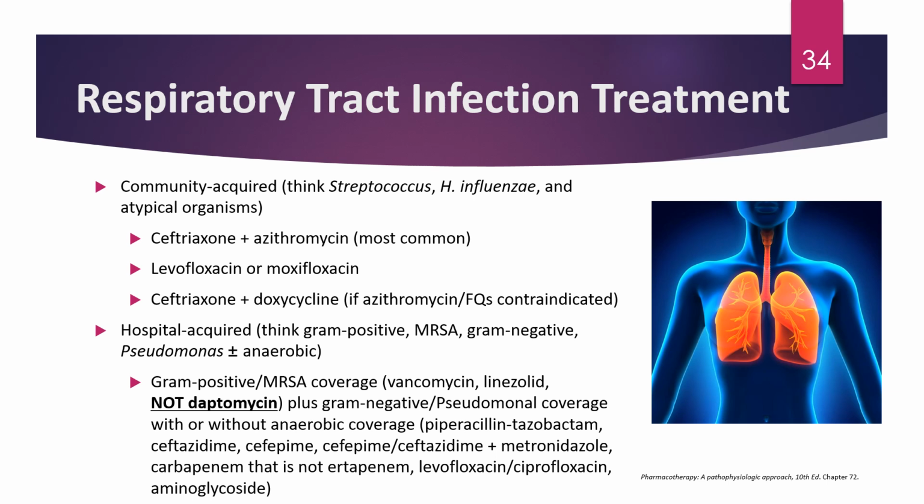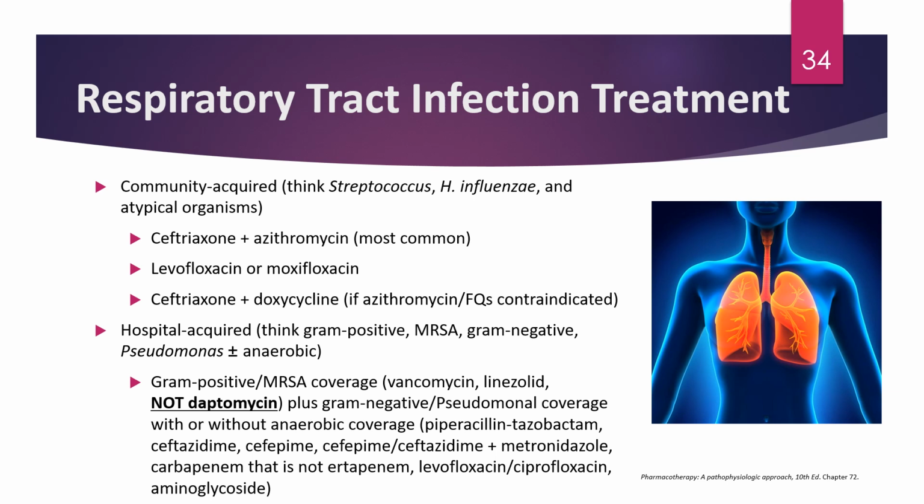Whenever we think respiratory tract infection treatment, we're thinking about community acquired versus hospital acquired. Community acquired is going to be our strep, particularly strep pneumo, H influenza, or H flu as we also call it, or atypical organisms.